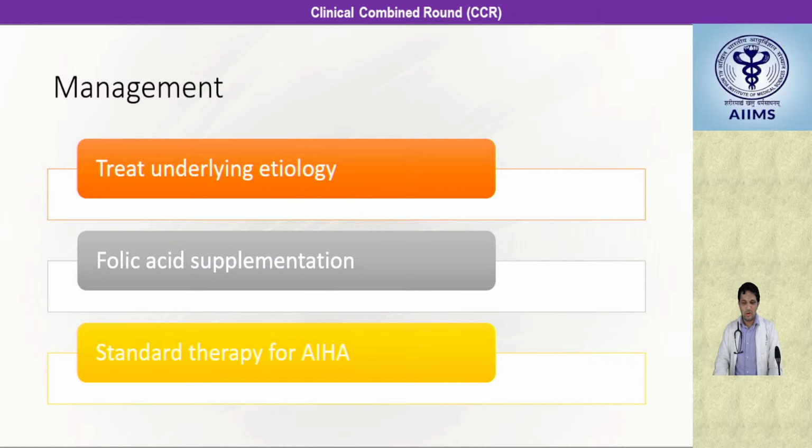For TB-induced warm AIHA, we have to treat the underlying etiology. So we treated the patient with ATT, and folic acid supplementation should be given to match the increased turnover, and standard therapy of AIHA should be given, depending on the presentation.